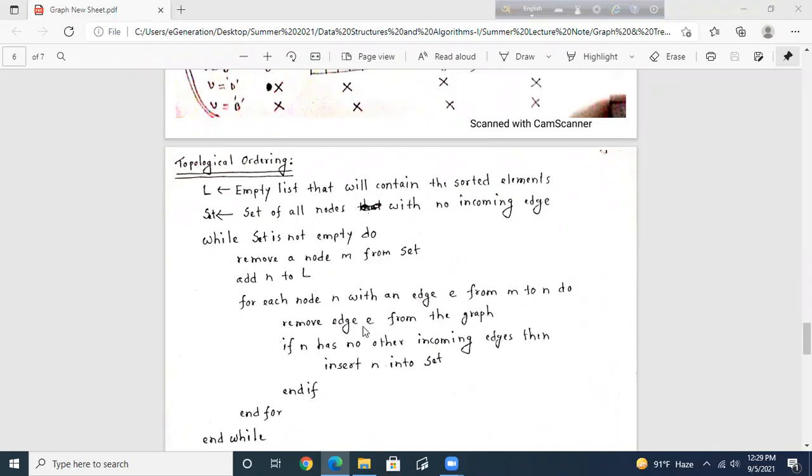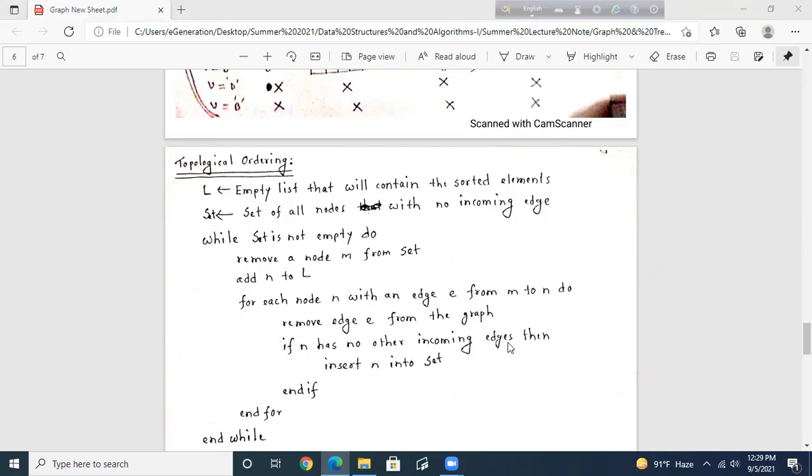Now remove edge E from the graph, because from M to N there are some edges here. So one of the edges should be discarded from the graph if N has no incoming edge.